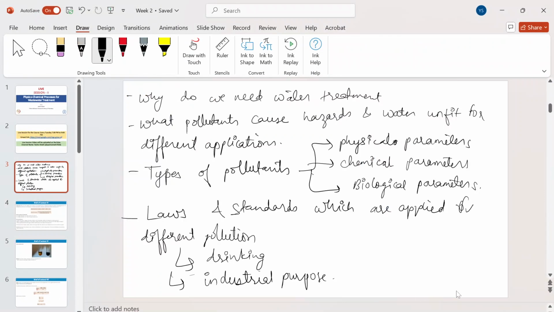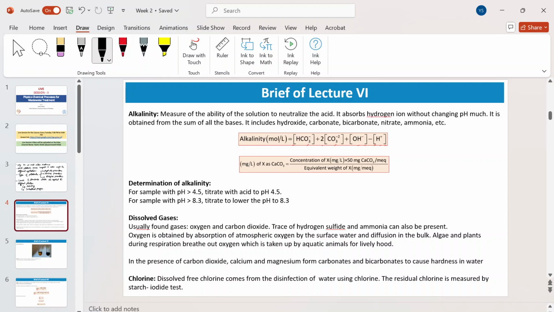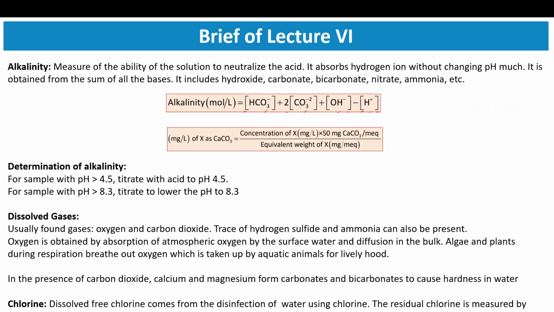A few physical parameters that we had seen were temperature, color, odor, taste. Then we had seen a few chemical parameters also. And now let's start with another parameter, which is alkalinity.